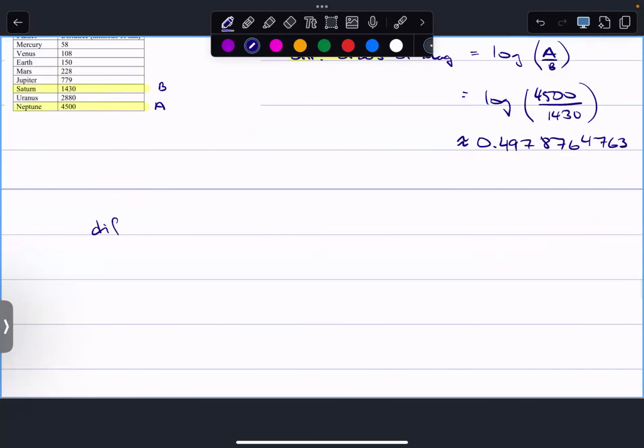So now if the difference in order of magnitude is roughly 0.497876, a lot of activity there. Let's go there. Then what can we do?